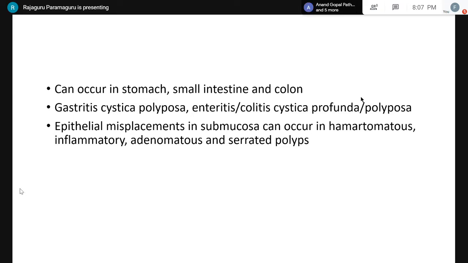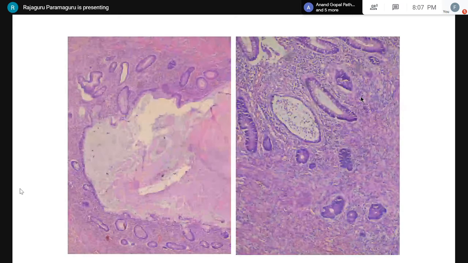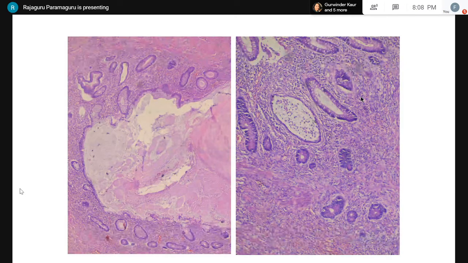So it's very important to differentiate, mainly when it comes to an adenomatous polyp. These epithelial misplacements can mimic malignancy. There are features with which we can differentiate these misplacements from the true invasion which happens in a malignancy, thereby avoiding the overcall of a malignant lesion.